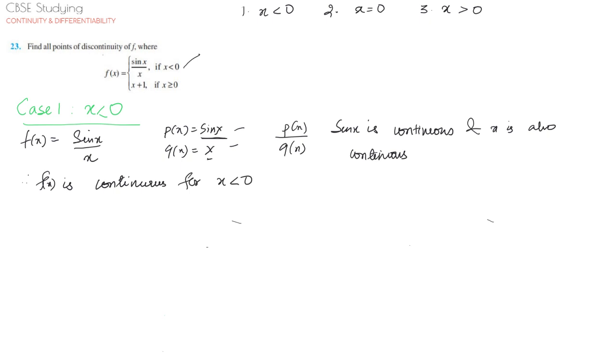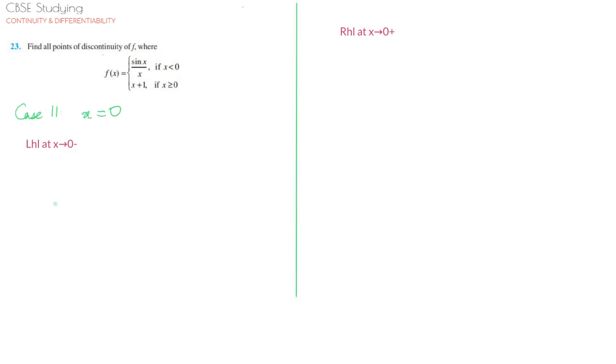Now, what is case 2? Case 2 is when x is equal to 0, right? Okay, so now we are going to do LHL at x tends to 0 minus. So we have limit x tends to 0 minus f of x, which is equal to limit h tends to 0 f of 0 minus h, also equal to limit h tends to 0 f of minus h. All right. So again, which function am I going to use when x is lesser than 0?